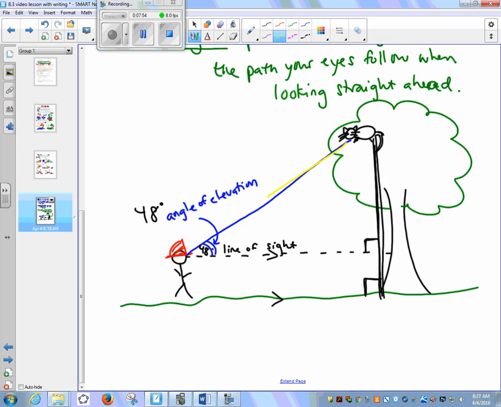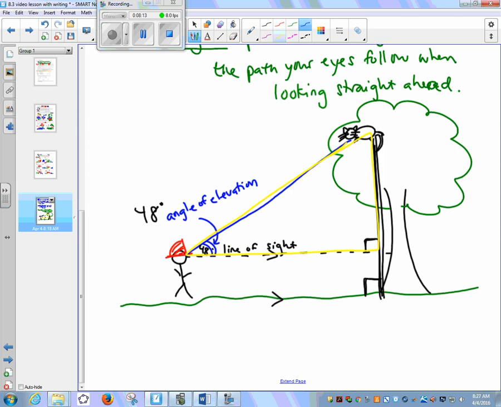And this is actually the triangle that we formed here, right? Because from his eyes to the ground isn't really part of the triangle. You guys see that?